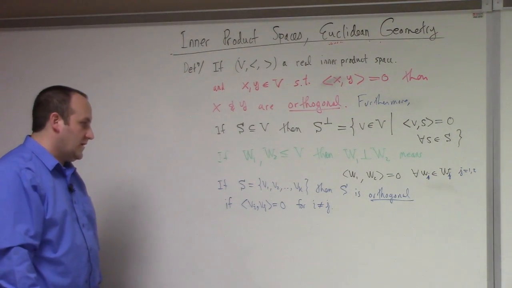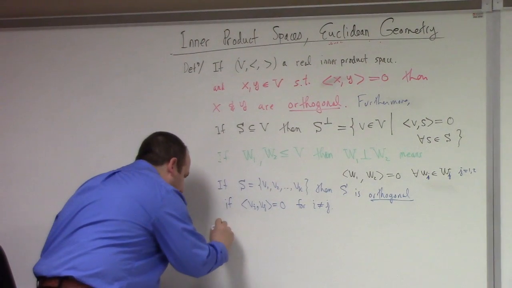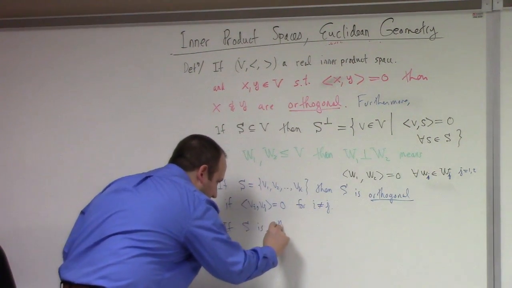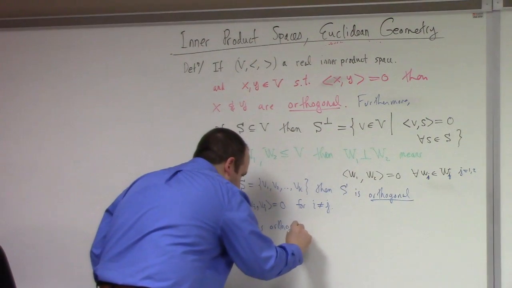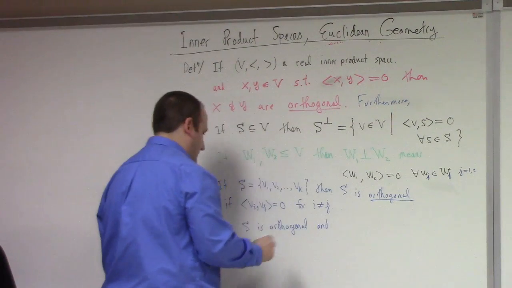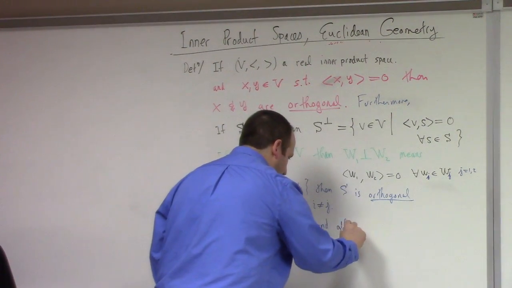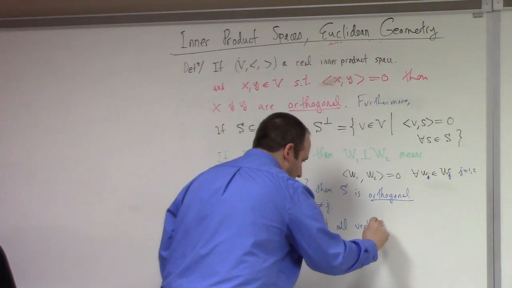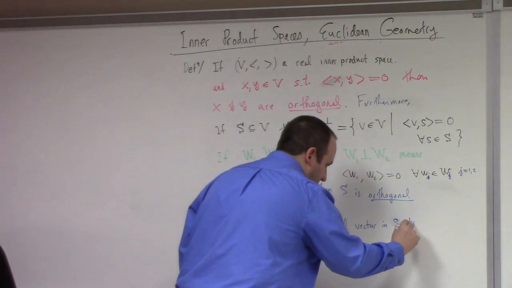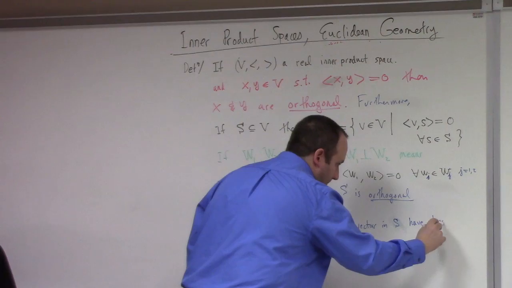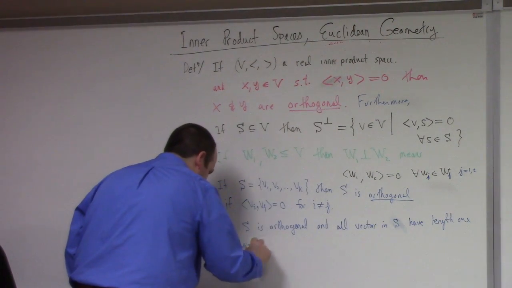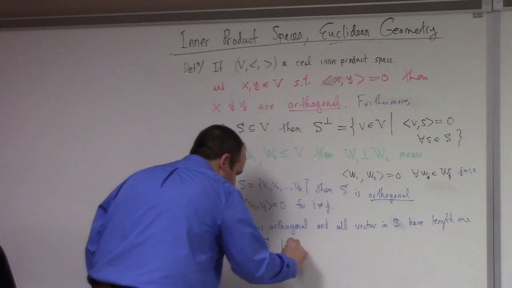Now, there's one other term. If S is orthogonal and all vectors in S have length 1, then S is said to be orthonormal.